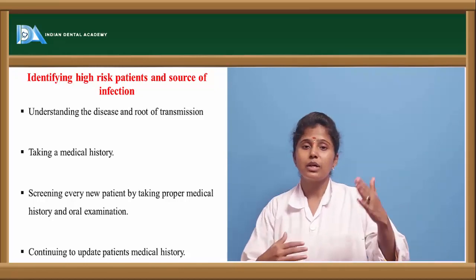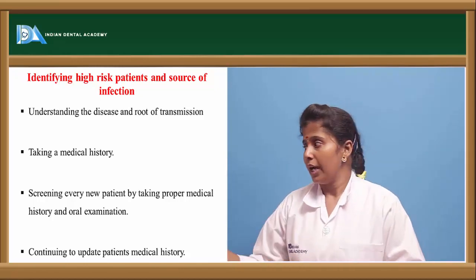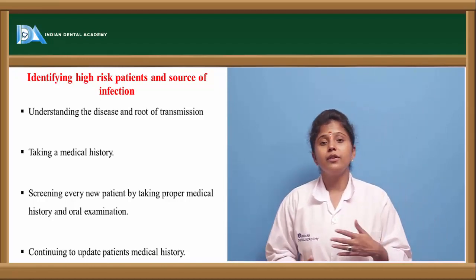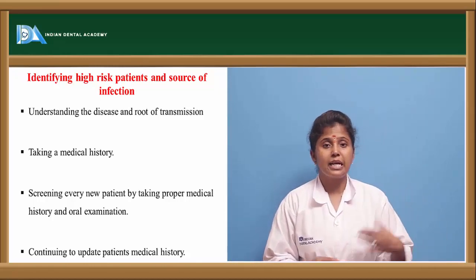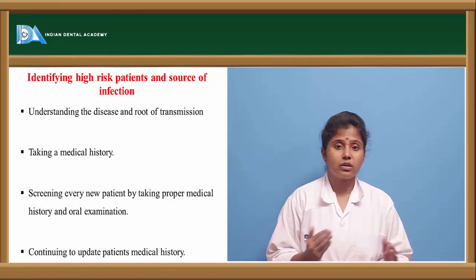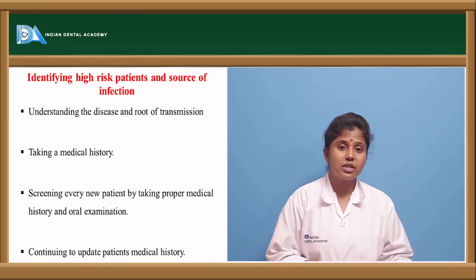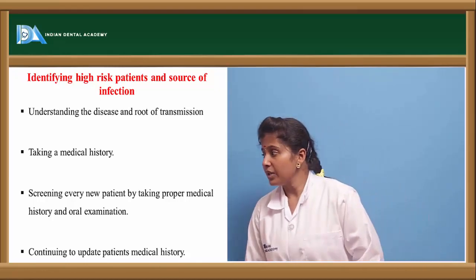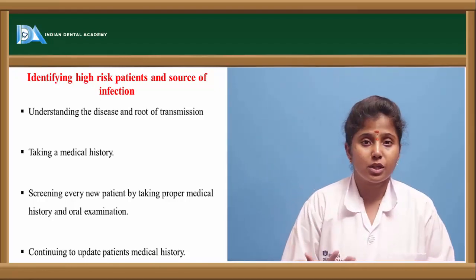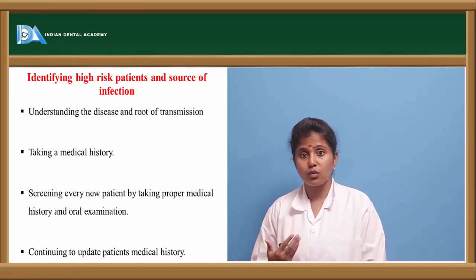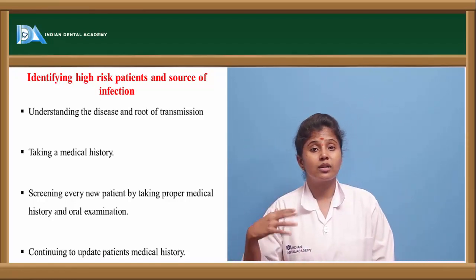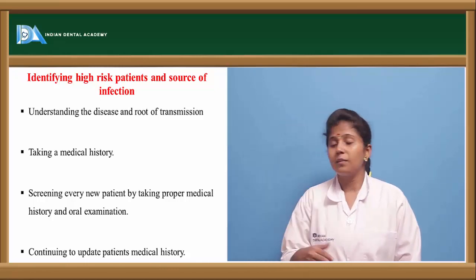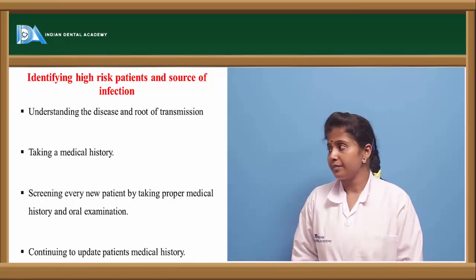And the other thing is we need to take the medical history of the patient, because a few diseases may come back, or even after the treatment the person may suffer from that disease. So we need to know the medical history of the person, and we need to screen new patients. If new patients are coming to us, then we need to review their past medical history and continue to update the patient's medical history.